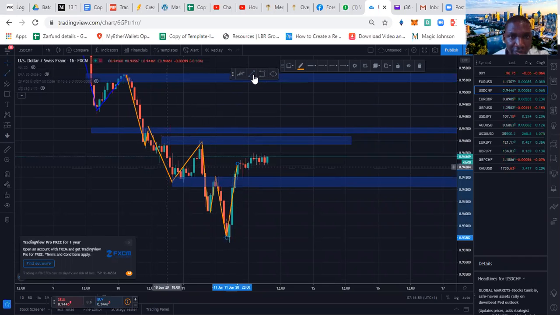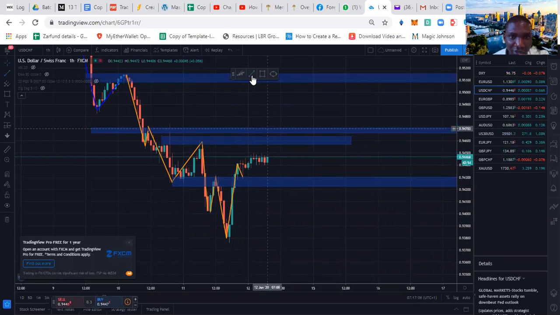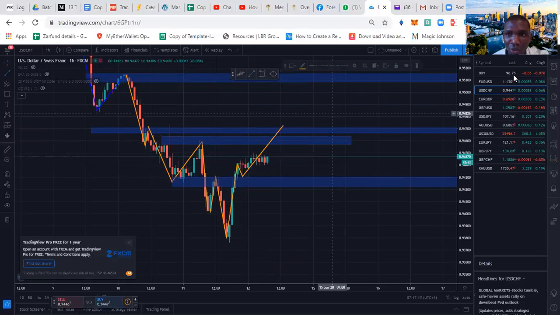You can see that it retested the structure. I saw this last night actually, just that I had to leave it. I saw this happening last night, right? So it's going to move up from here because it will go in the direction of the dollar index.